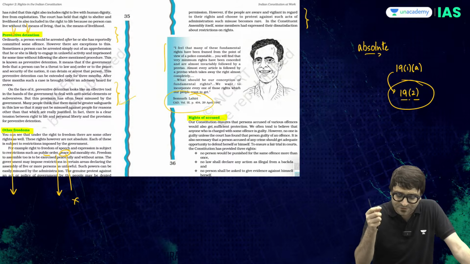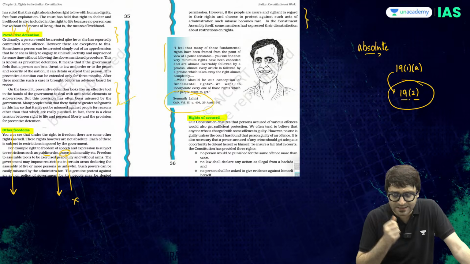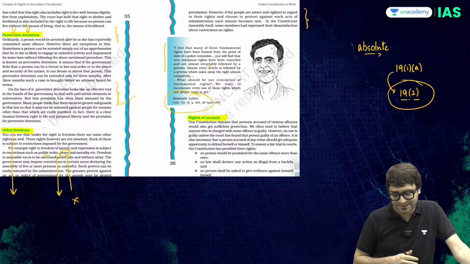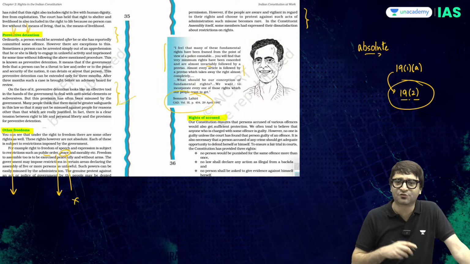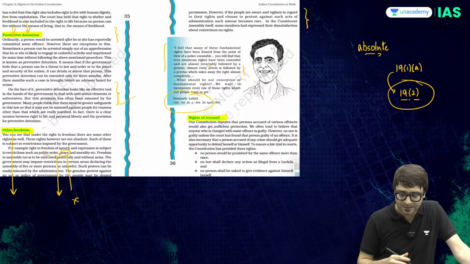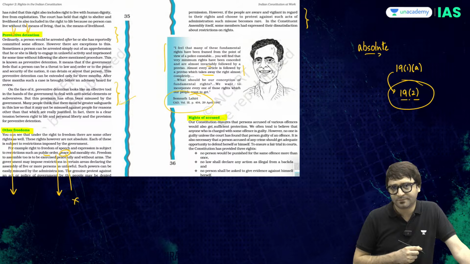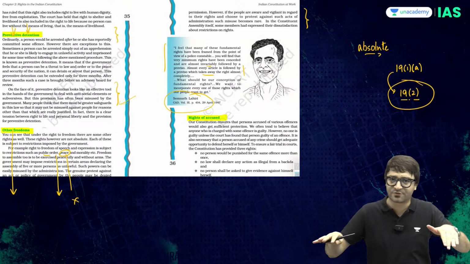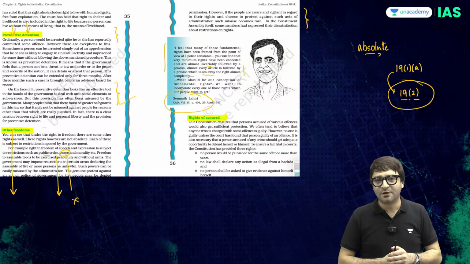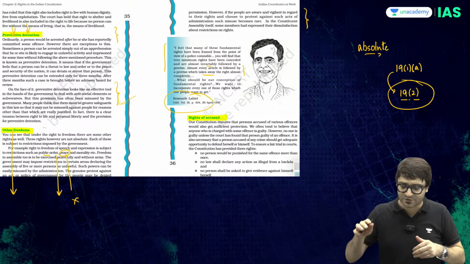You will find that very minimum rights have been conceded and almost invariably followed by a proviso. Almost every article is followed by a proviso, which takes away the rights almost completely. Freedom of speech and expression, but restriction. Freedom to say whatever you want to say, but restriction.